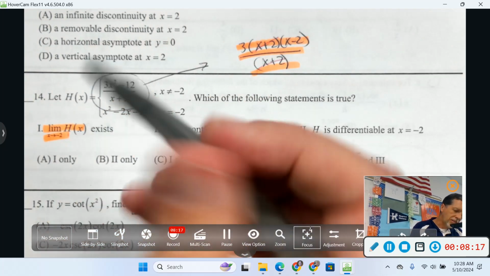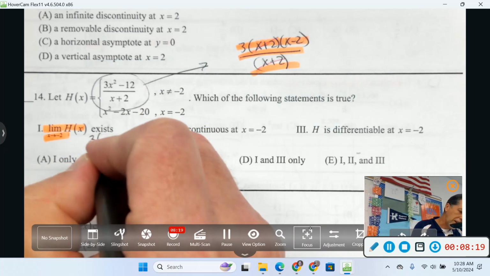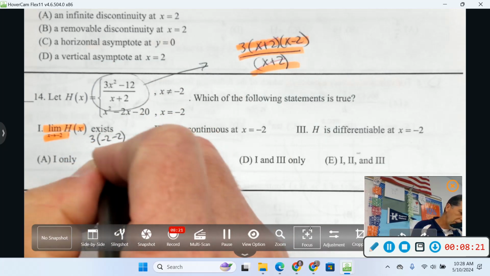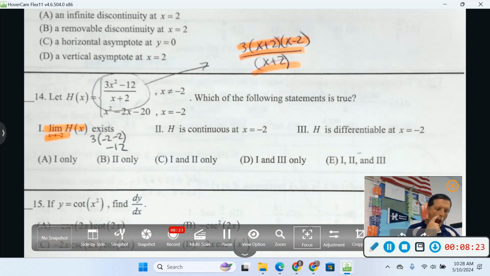So it exists. I don't really care what it is, but may as well plug it in. That would be negative 12. So yes, basically there's a hole at negative 12. For the first function, there's a hole at negative 12.